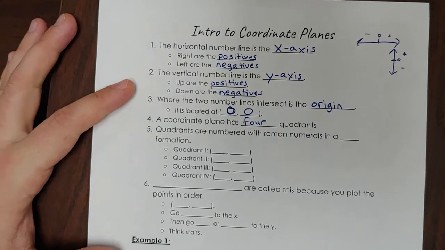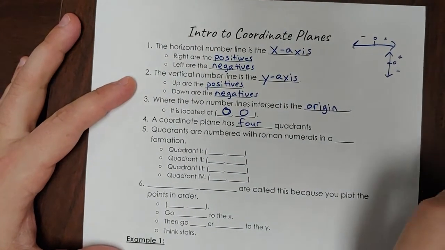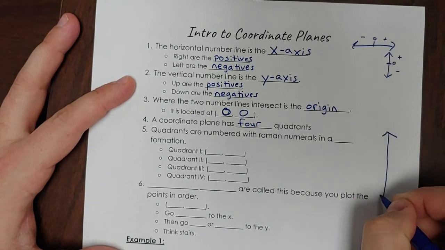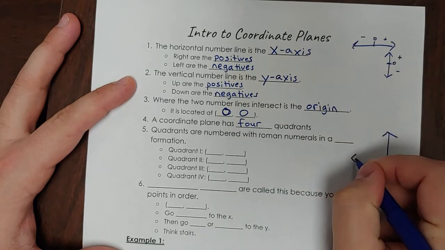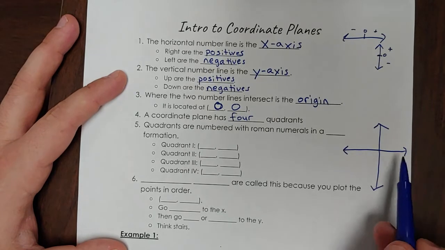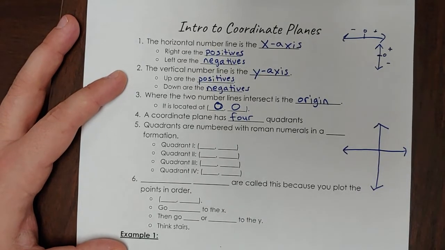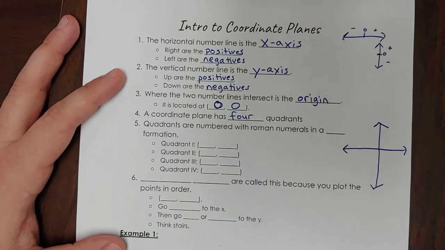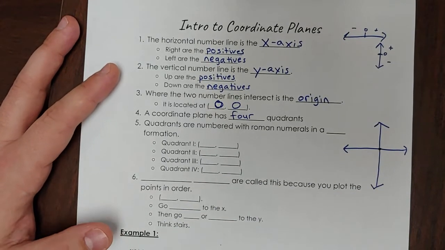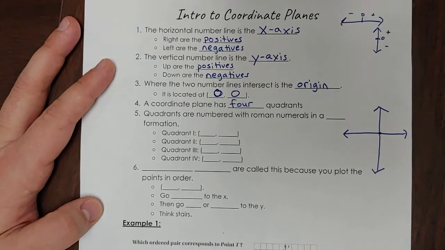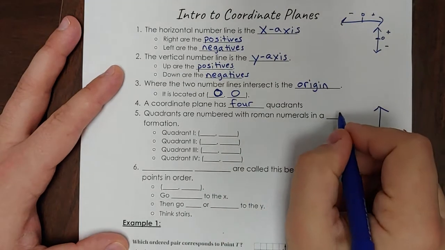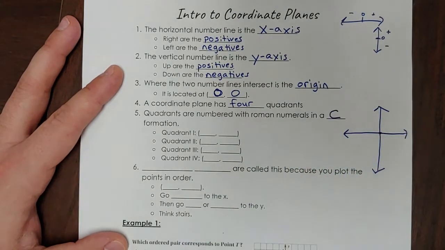Okay, so if I draw a number line and another number line, we have 4 quadrants here. 1, 2, 3, 4. This is our origin right here at 0. Quadrants are numbered with Roman numerals in a C formation.